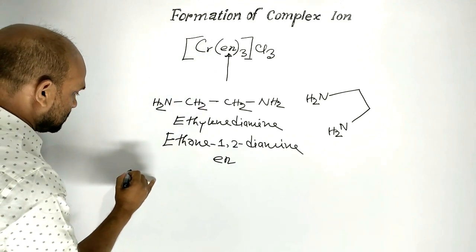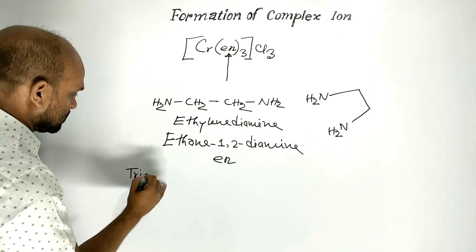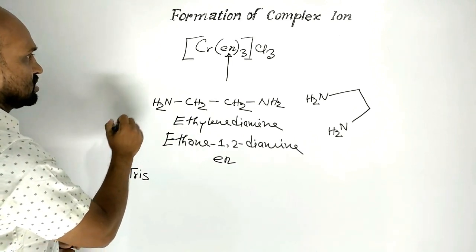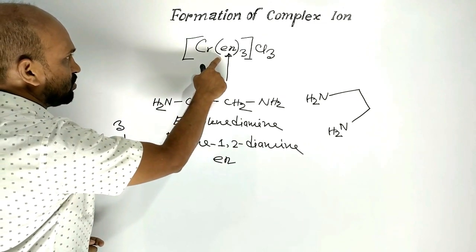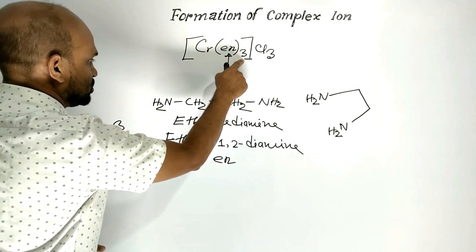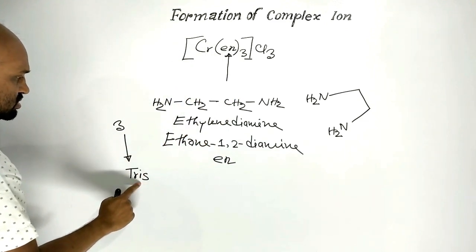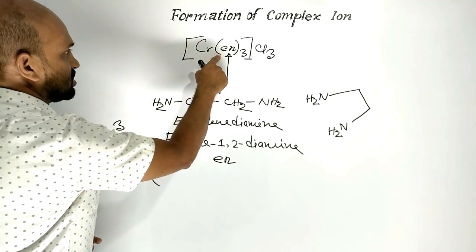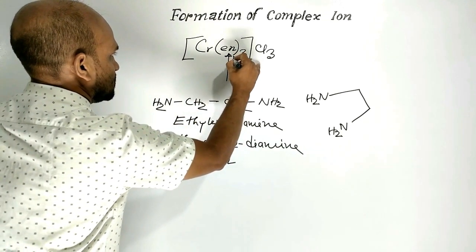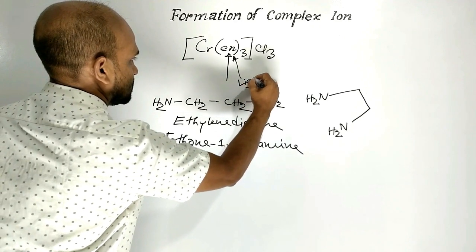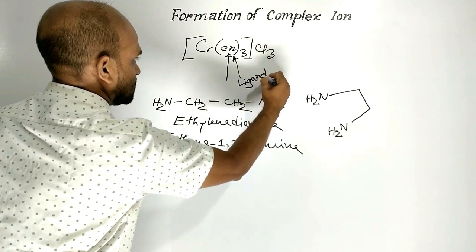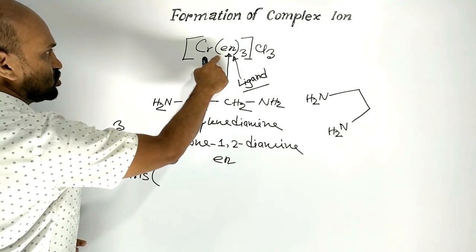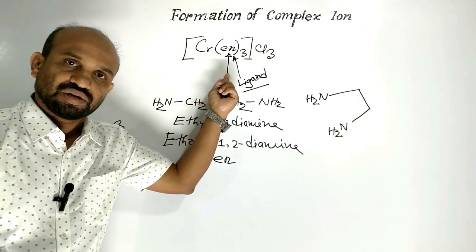Its name is tris. Tris indicates 3. Here the number of N is 3. That is why tris is used. Then this is the ligand here. N is the ligand here, which is larger in size.